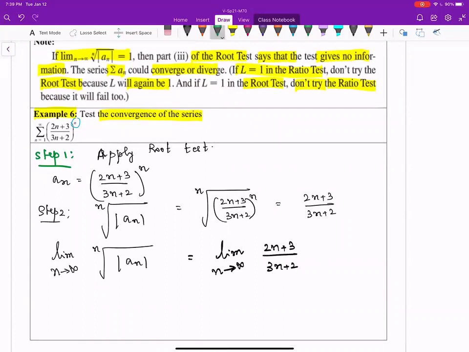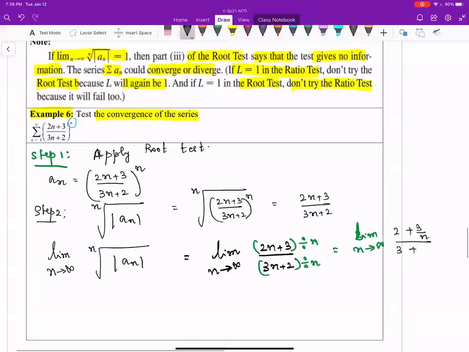Anytime you have infinity over infinity, you divide by the highest exponent of the denominator. So you get the limit as n approaches infinity of 2n over n, which is 2, plus 3 over n, divided by 3n over n, which is 3, plus 2 over n.